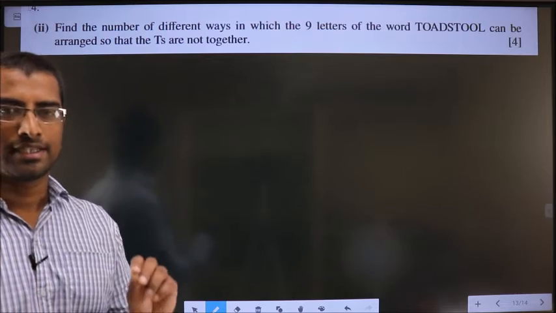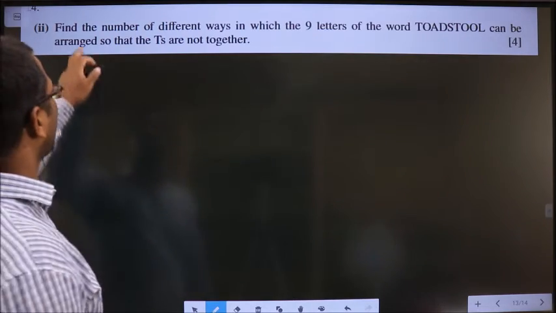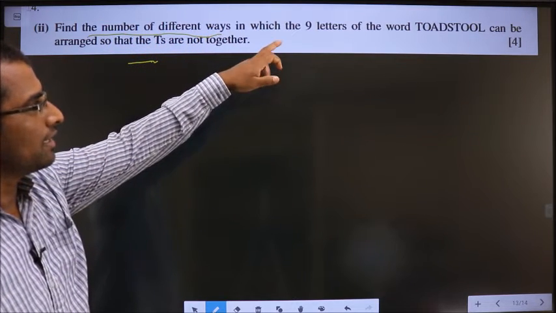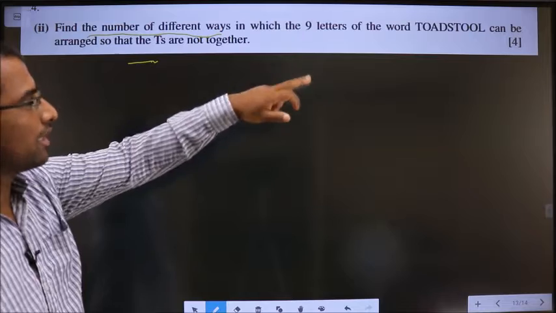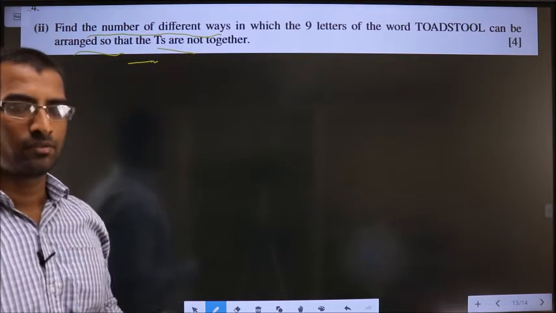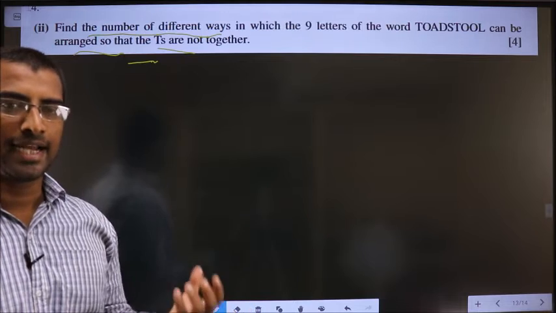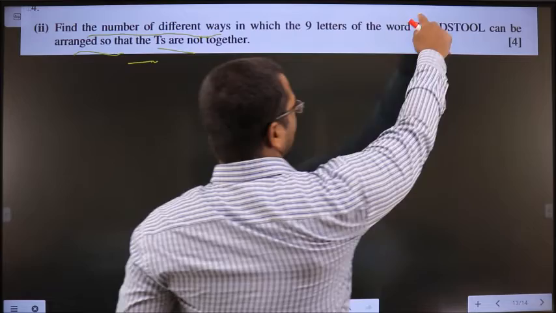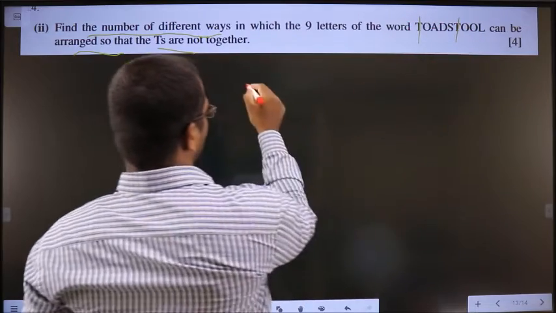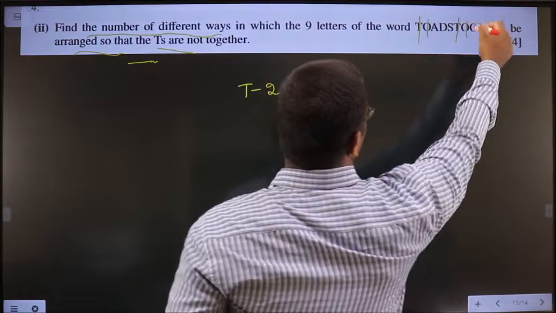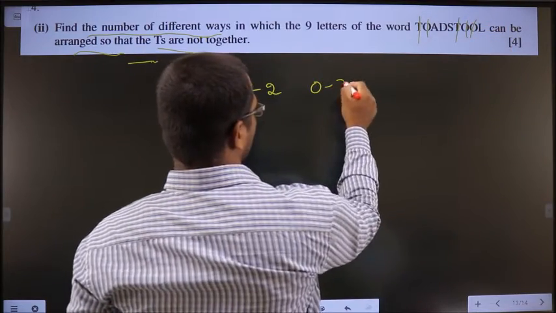Okay. Question 3. Find the number of different ways in which the 9 letters of the word can be arranged so that the T's are not together. Whenever a word is given, write how many times each letter has come. So T is present twice. O is present 3 times.